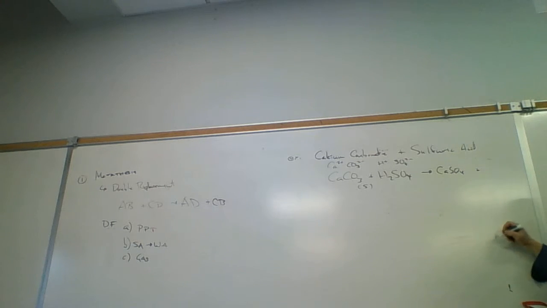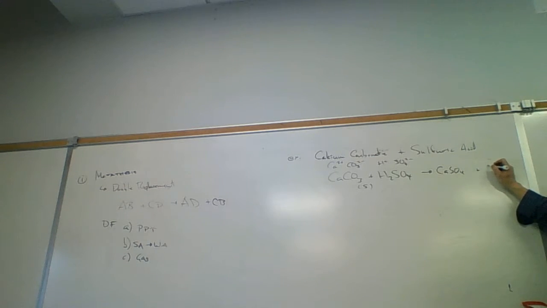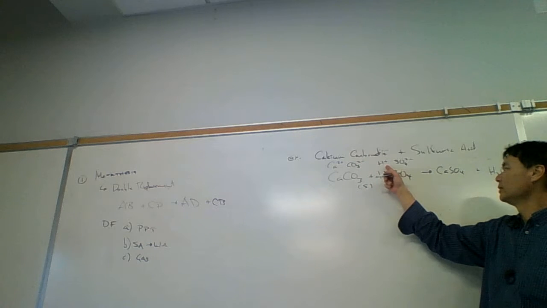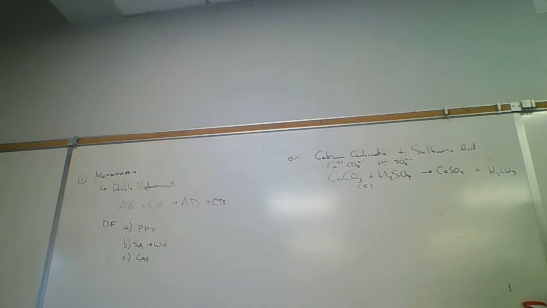And hydrogen carbonate? H2CO3. Carbonate's a 2 minus, so we'll need 2 H pluses. We've just got to make sure we get the ratios correct here. Then this is our pattern AB plus CD, and then we look for driving force.